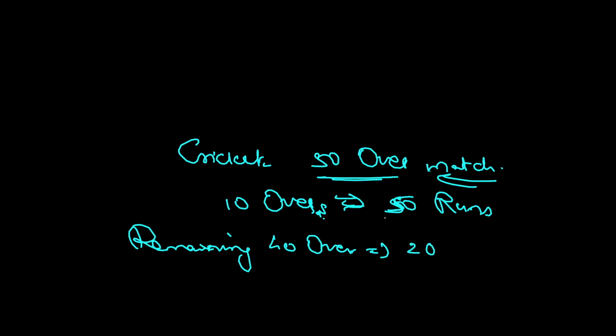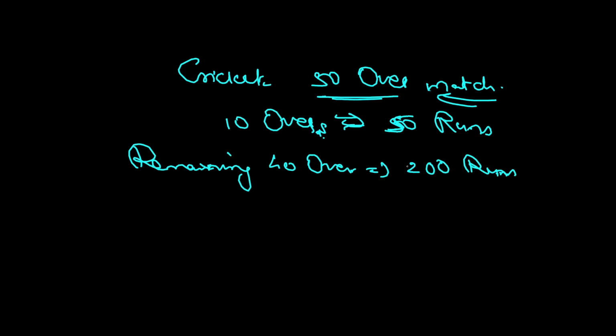For each 10 overs they are scoring 50, so in 40 they are able to score 200 runs, and you will say that overall they are expected to score 250 runs. Or you might say they can score 270 also, because already they have scored 50, and for the remaining runs you are expecting 270, 280. The reason being, none of the wickets have fallen.